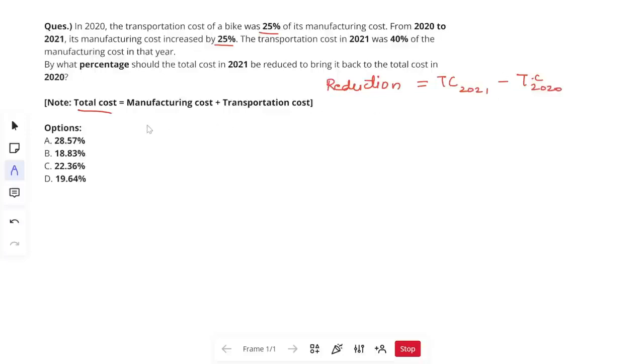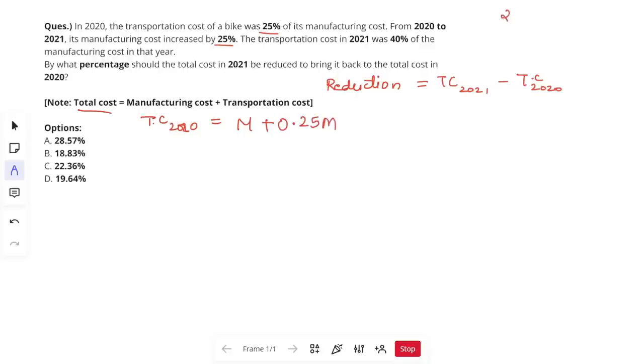So let's start with total cost in 2020. Total cost in 2020 will be equal to the manufacturing cost in 2020 plus the transportation cost. Manufacturing cost in 2020 is not given, so let's suppose it to be M. Because it is given as 25% of manufacturing cost, directly manufacturing cost is not given, so we are considering it M, and 25% of manufacturing cost can be written as 0.25 M, right?